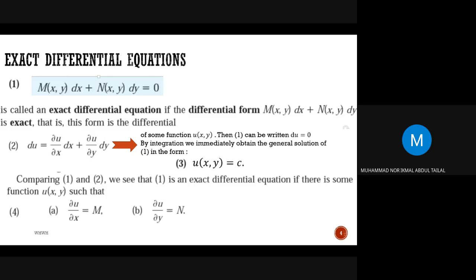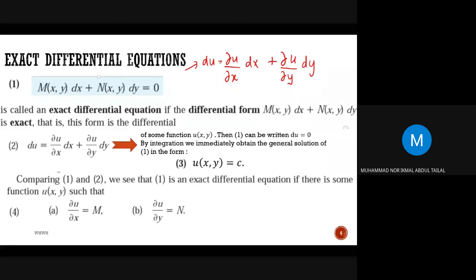Exact differential equations. Okay. So, kalau tadi kita dapat du kita sama dengan del u over del x dx tambah del u del y dy.